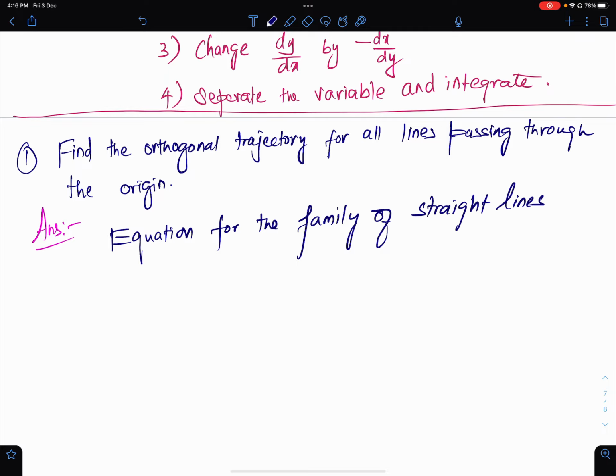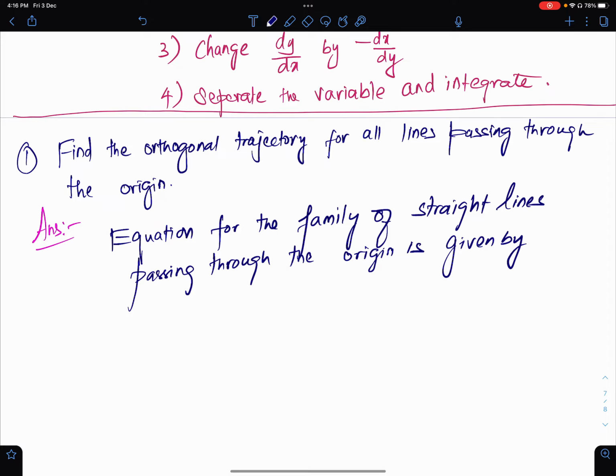So the equation for the family of straight lines passing through the origin is given by y equal to cx.